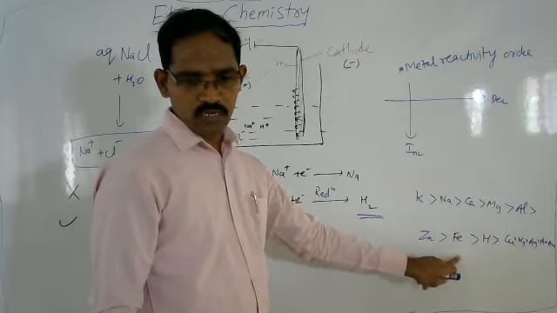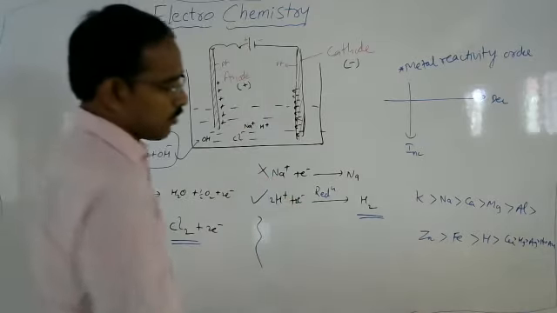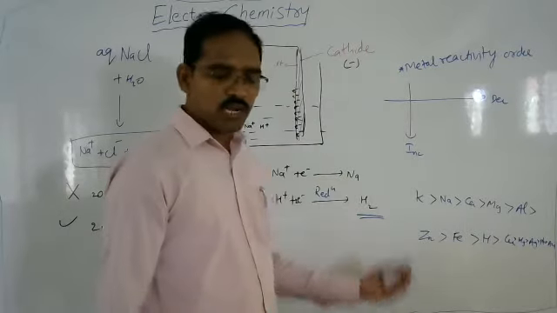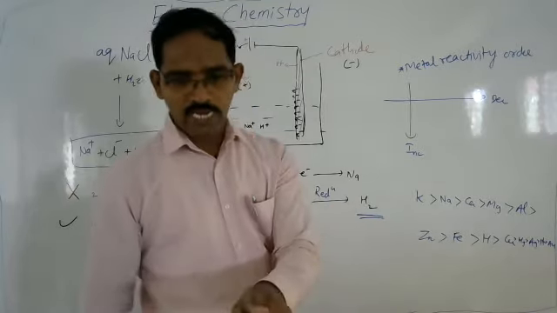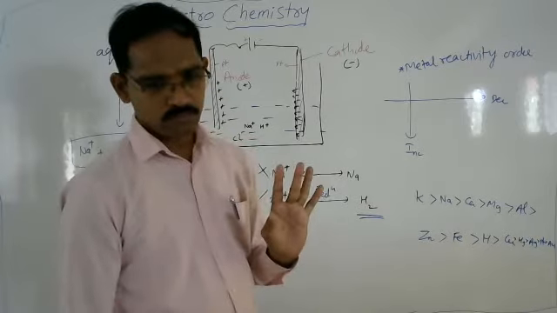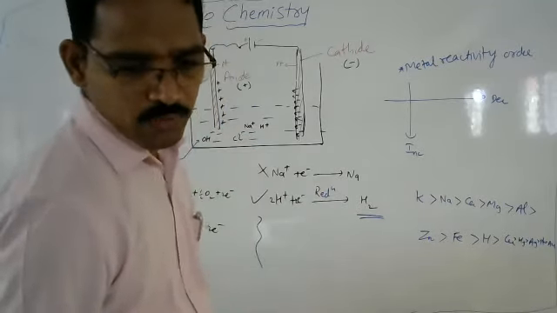This is the reactivity series. Then easily you can identify which will undergo deposition. Less reactive will deposit first. Is it clear about cations?